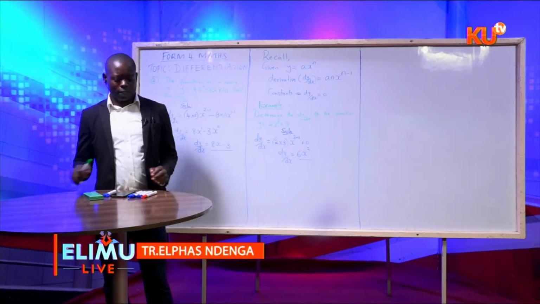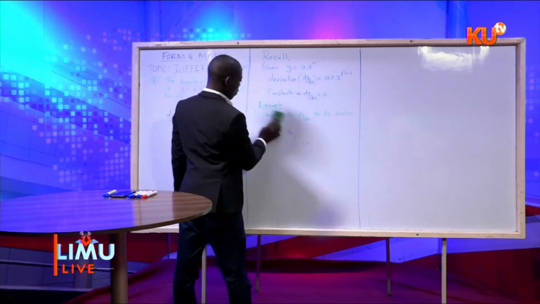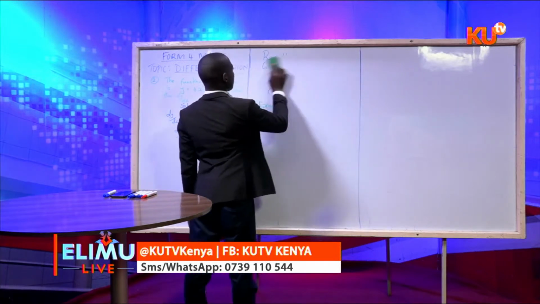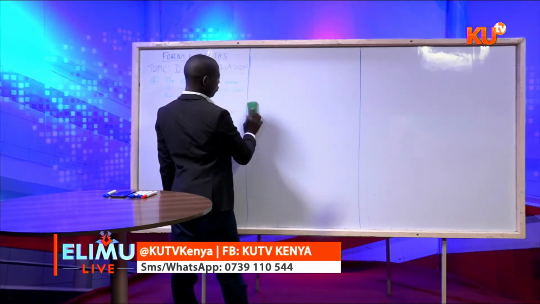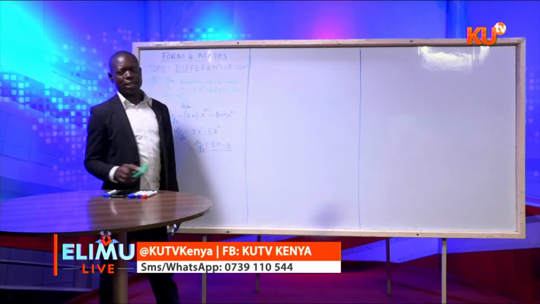In the derivative of functions, we also have to realize when we are differentiating, we relate this concept to what is covered in Form 2 under the topic called Gradient and Equations of Straight Lines.